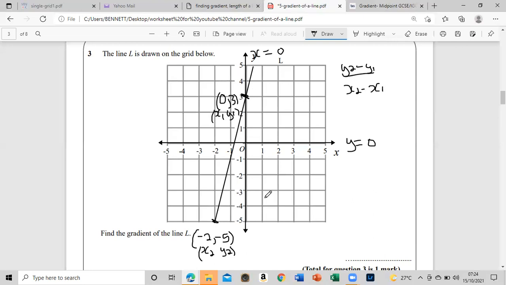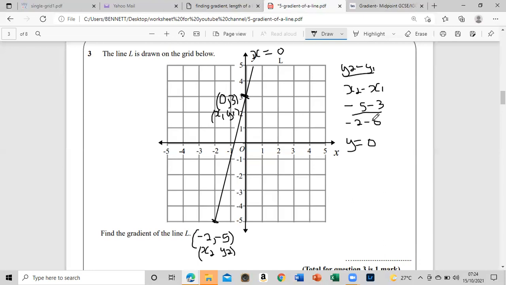All right, our y2 is -5 minus our y1, which is 3, divided by x2, which is -2, minus 0.